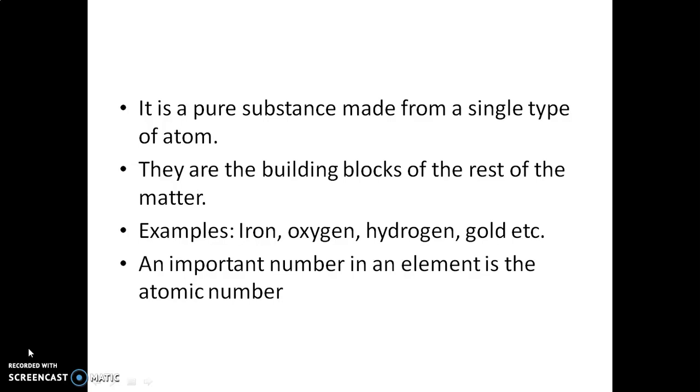So elements, when we combine elements, like if I combine carbon, which is an element, and oxygen, which is another element, in a particular ratio of, let's say, 1:2, I have the formation of carbon dioxide. Why dioxide? Because I have 2 oxygen.